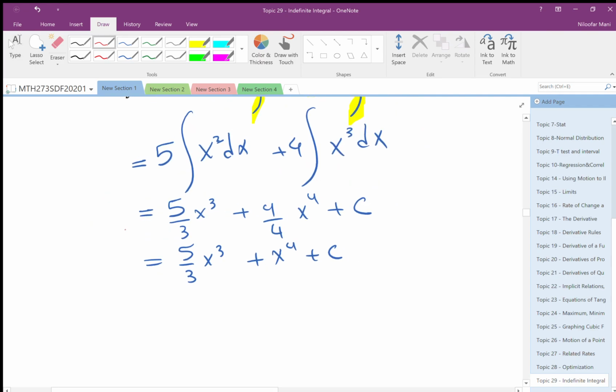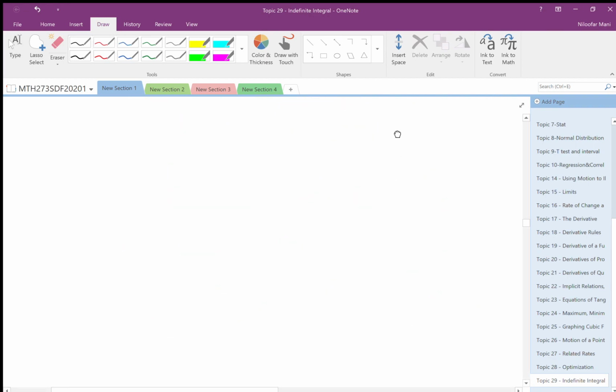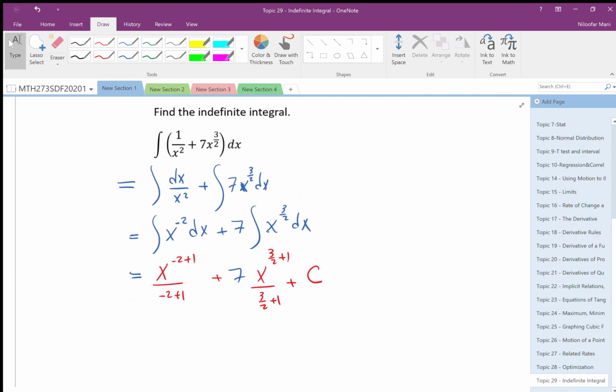Here you have this, which you have to do x power 2 plus 1 divided by 2 plus 1. And for this, you have to do x power 3 plus 1 divided by 3 plus 1. And then I simplify. Okay? So, step by step. Then I can simplify.